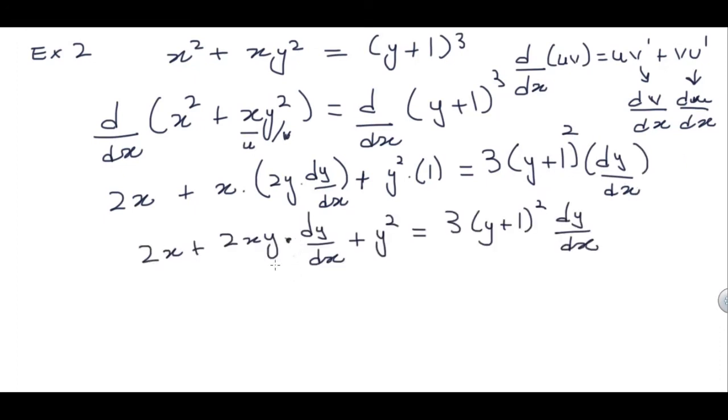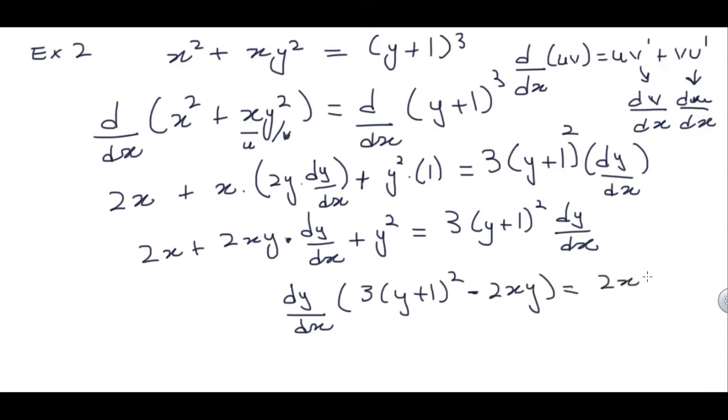Just as we did before, we need to separate the dy over dx. So let's try this: dy over dx, I will take this side to the other side. It will give me something like this: 3 times y plus 1 whole squared minus 2xy equals 2x plus y squared.